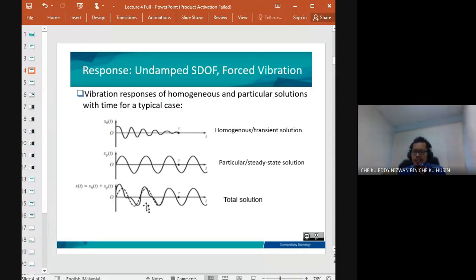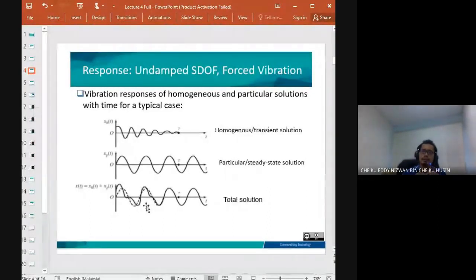So actually this happens especially when you try to start the engine of your car in the early morning. When you first start the engine, you find that there is higher vibration, right? That's because at the beginning the vibration is a combination of homogeneous and steady state.